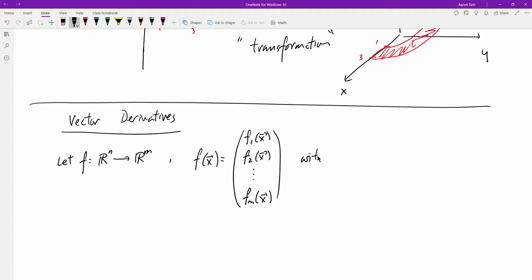And vector x consists of x1, x2, dot dot dot to xn. Therefore, this function has n independent variables and m dependent variables. Because it has m dependent variables, it would have that many coordinate functions.